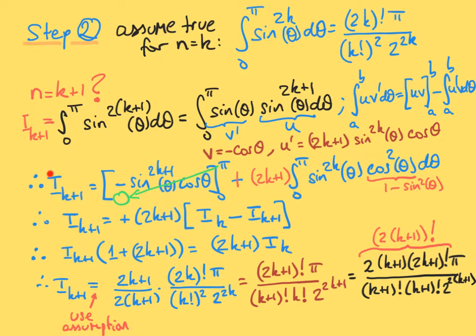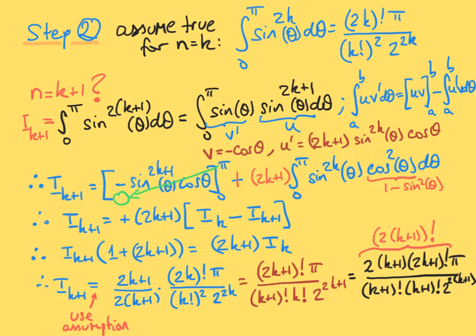So our integral is equal to plus 2k plus 1. And now let's write this out in this type of notation. Sine to the 2k of theta times 1, when we integrate that from 0 to pi, is what we are calling I k. And that's very good because that's something we've made our assumption about.